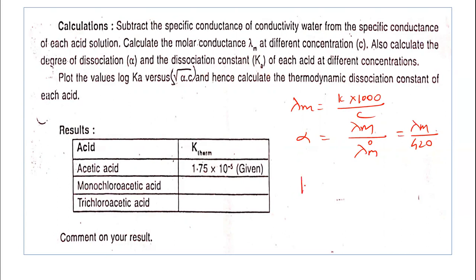Then later on we have to calculate the dissociation constant value. As I have already explained, the dissociation constant Ka is equal to alpha square into C divided by 1 minus alpha. So we can calculate the K value for all the concentrations.